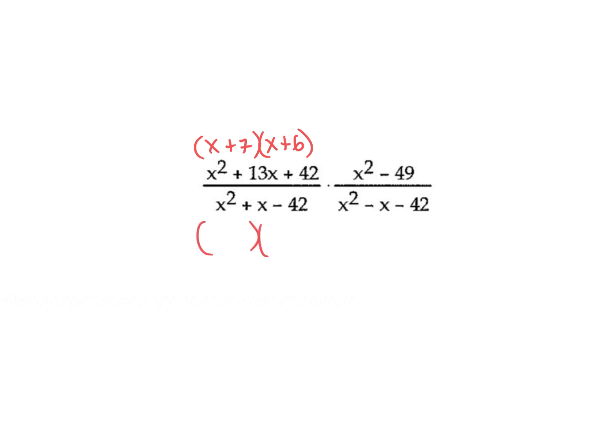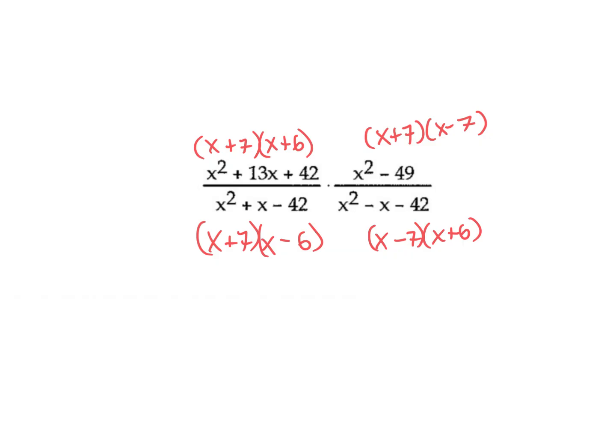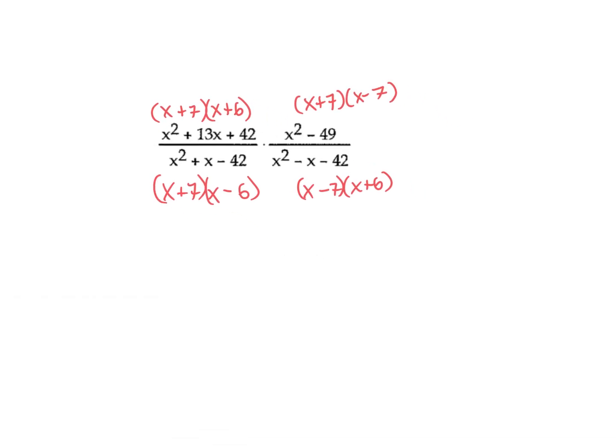If you were to do the big X method, that would become 7 and 6, would be minus and plus. If you were to do the difference between two squares, this would be x plus 7 times x minus 7. And if you were to do the regular x method here, that would be x, that would be x, that would be a 7, that would be a 6, but it would be a plus and a minus there. Okay, so that is the first step.